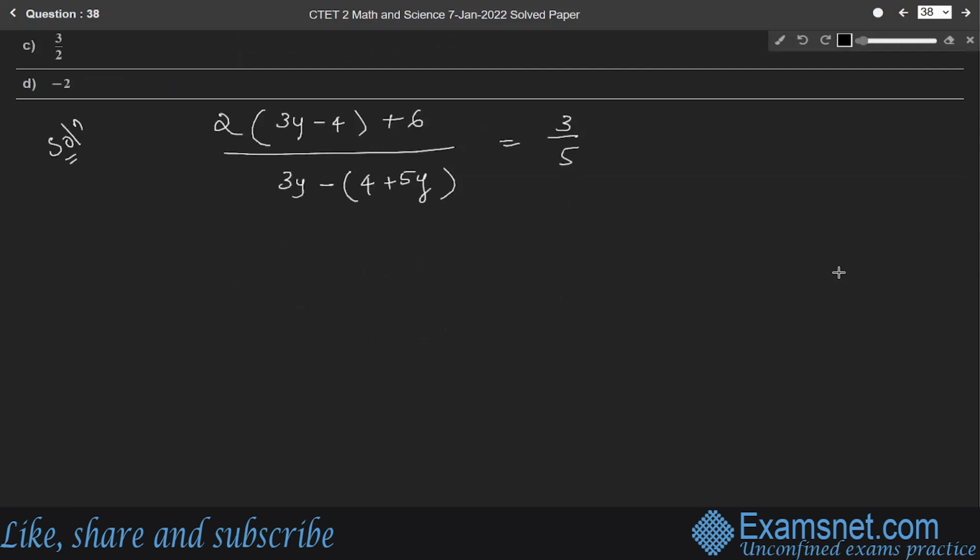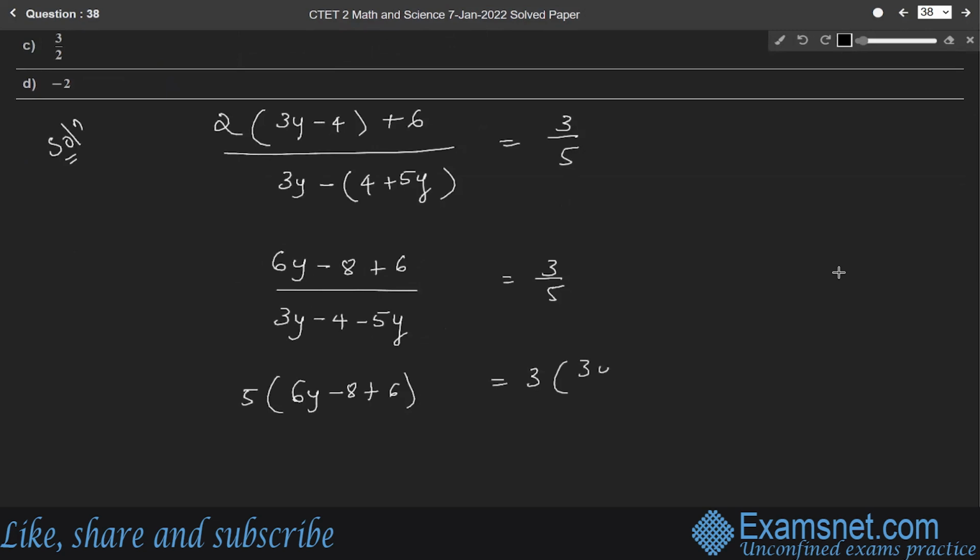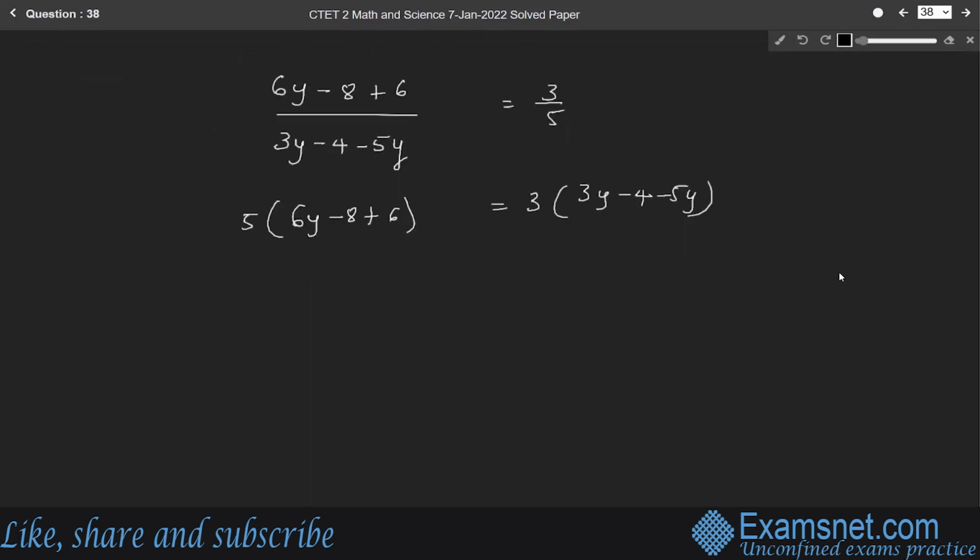So 2 into 3y, 6y minus 8 plus 6 divided by 3y minus 4 minus 5y is equal to 3 by 5. So here 5 into 6y minus 8 plus 6 is equal to 3 into 3y minus 4 minus 5y. Right?